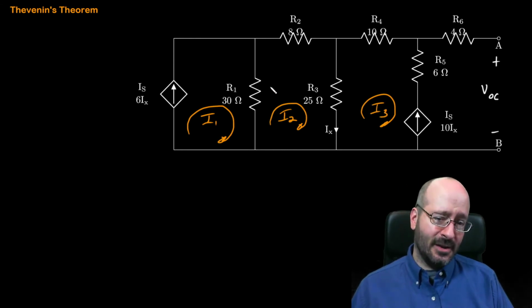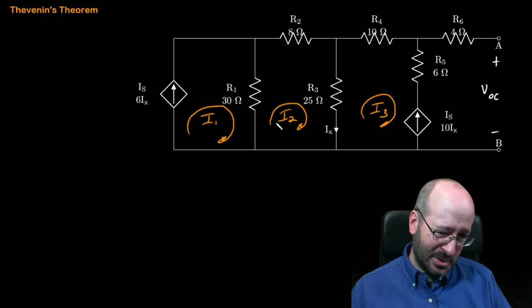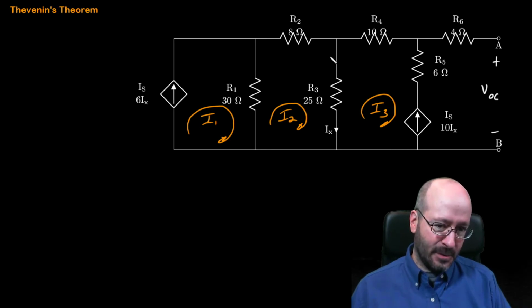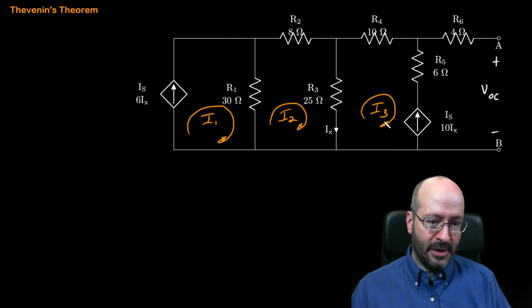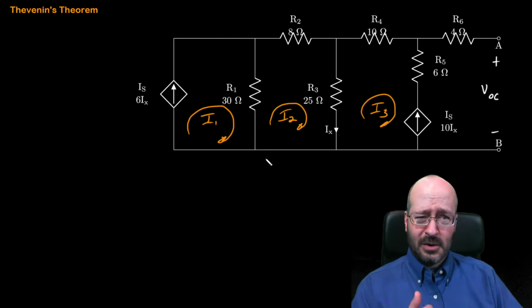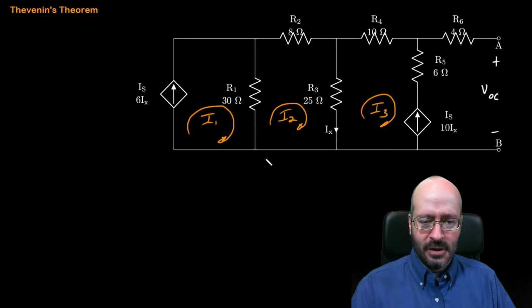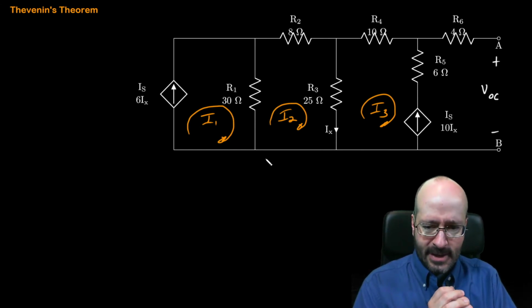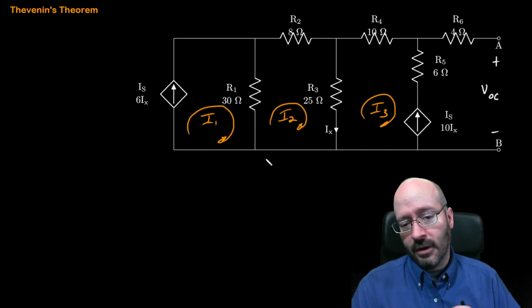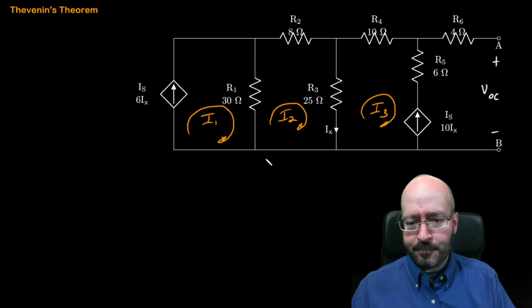Not much shortcut I can do here. I can use the shortcut on I2 because there are no dependent supplies there. But for I1 and I3, they're current supplies, so I have to write KCLs first, even though I'm doing mesh. And they are dependent supplies, so I'm going to go slow and make sure I get it right.